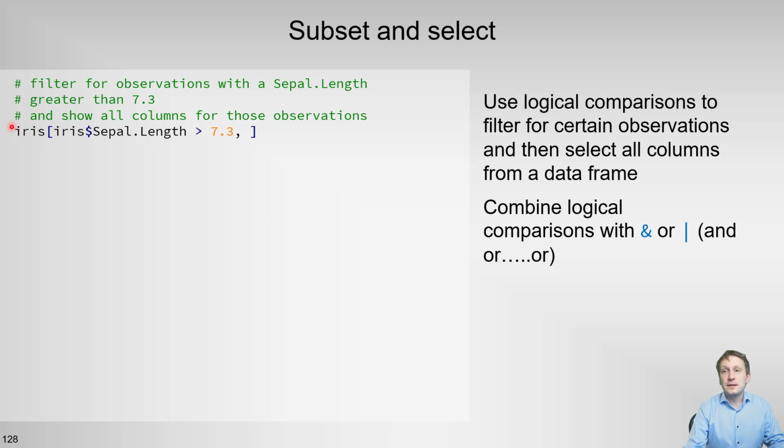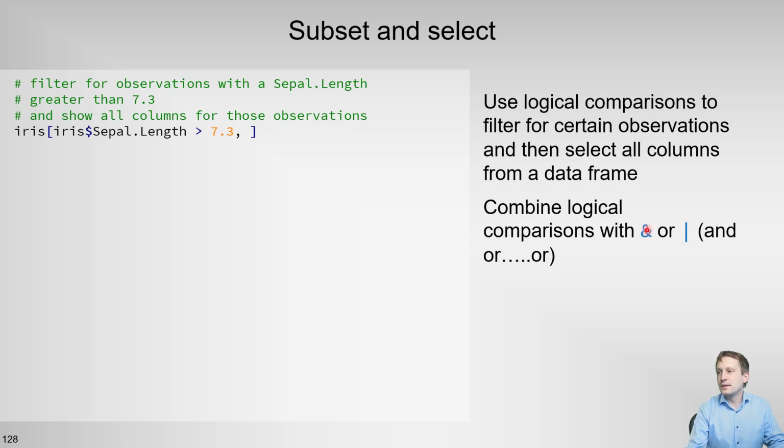So here we are selecting all the columns from the iris dataset where the sepal length is larger than 7.3. We can actually also combine several statements, so we can select based on multiple criteria at the same time. We can combine those statements using AND or OR.